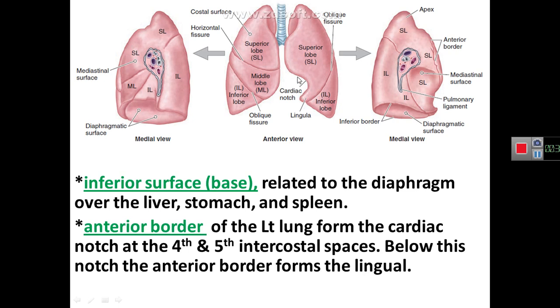And you can see that this notch then curves back toward the midline and is in continuity with the inferior border of the lung. And this reflection represents a tongue-like structure which is called lingula of the lung.